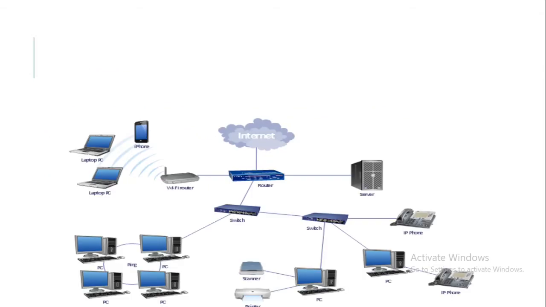This example shows a local area network. As you can see, we have routers which are connecting to a server and the internet, and the workstation, which has many computers as a part of it.